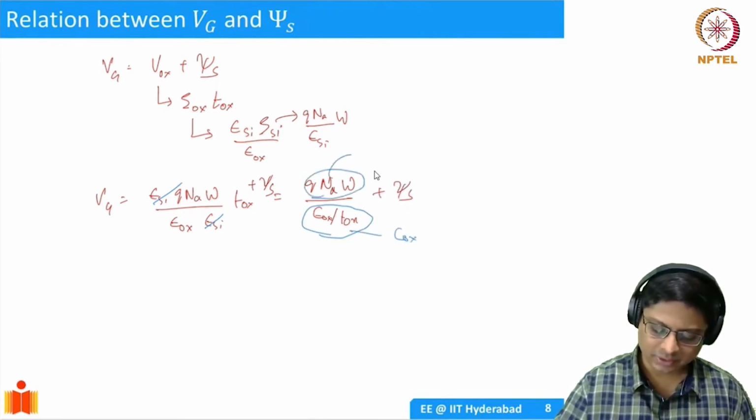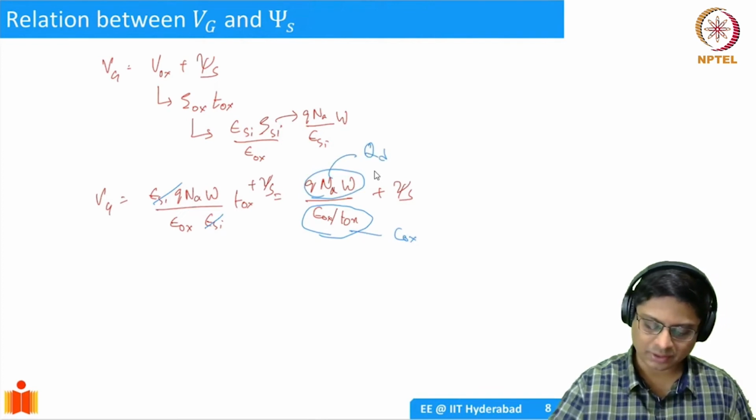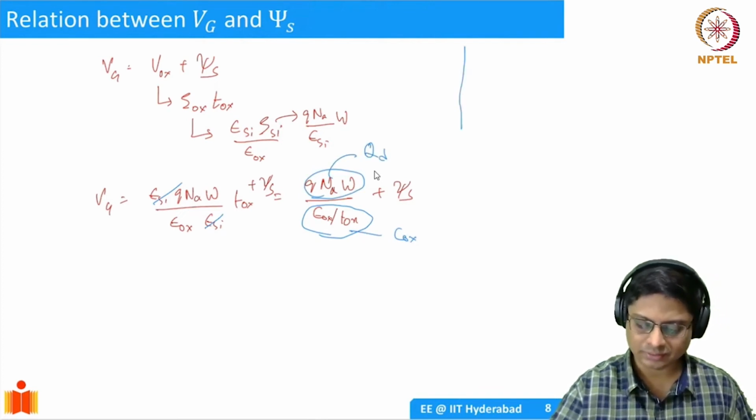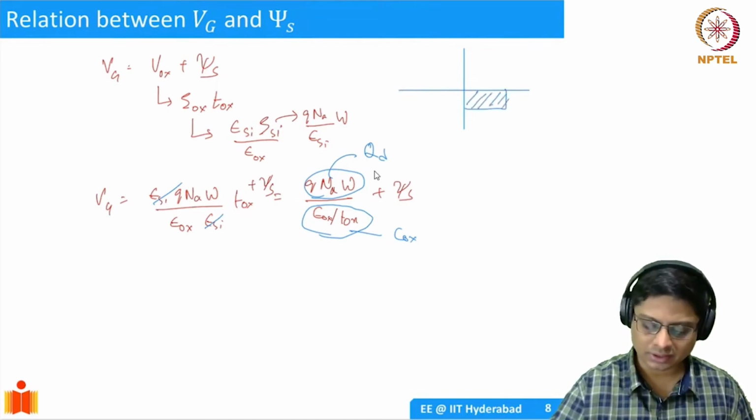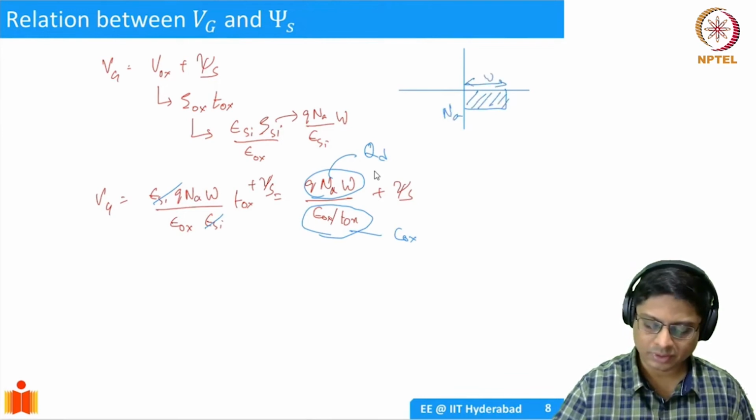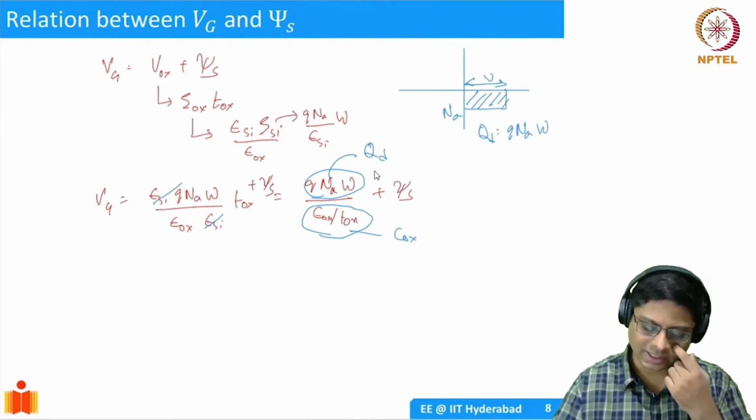Okay. This particular term is oxide capacitance. This term is Q depletion. Remember, when we have charge, we have the depletion charge here, right? The space charge. This was Na and this was W. So Q depletion will be qNA W. Okay. And it's negative, so I'll just put a negative charge here.